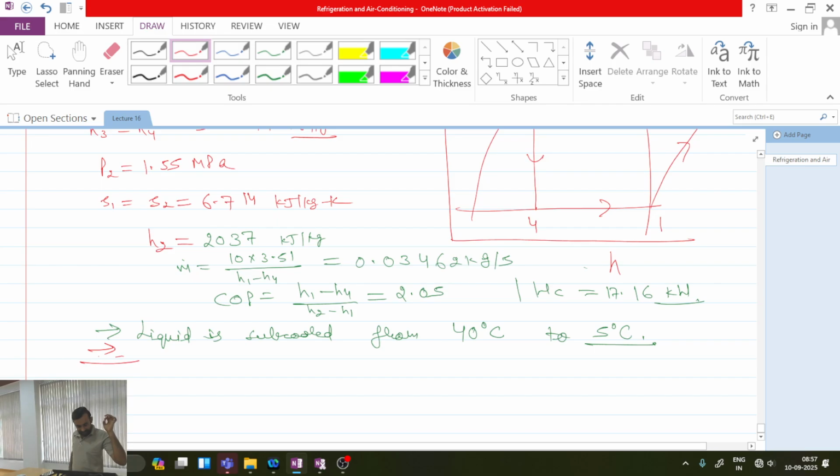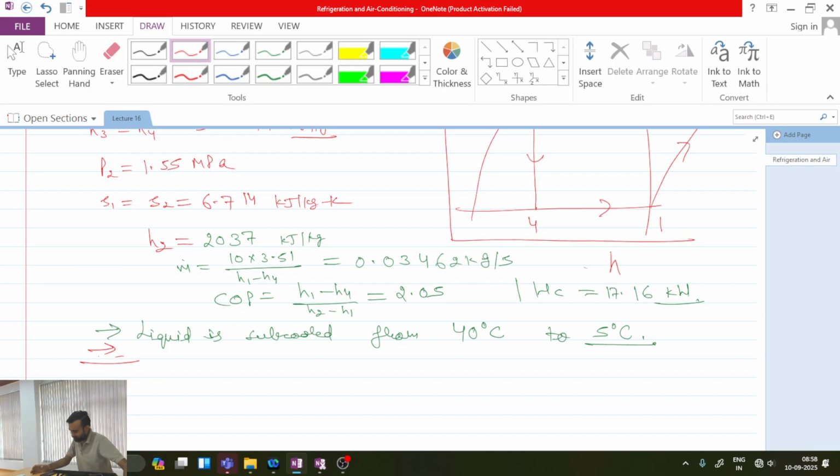Now, this is a homework question for you. In exactly the same question we have done, the condenser is at 40 degrees, the evaporator is at minus 40, and the intermediate state corresponds to minus 2 degrees Celsius.